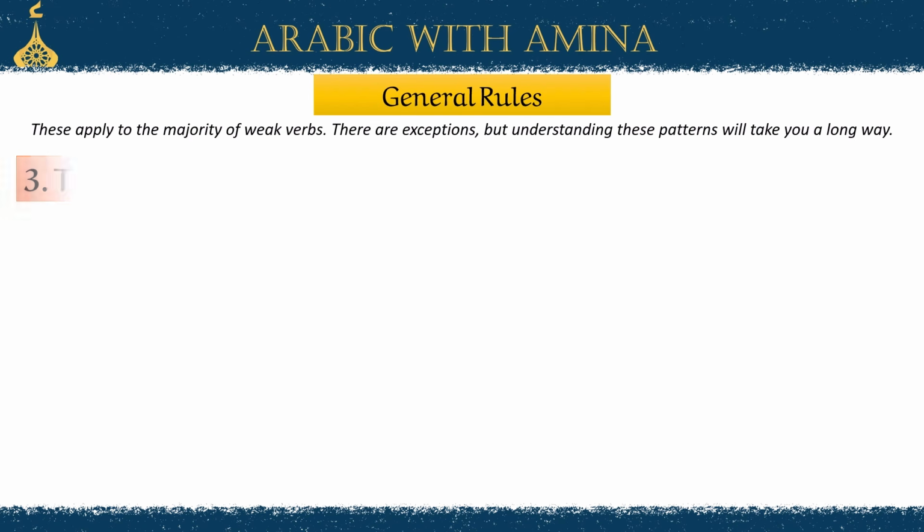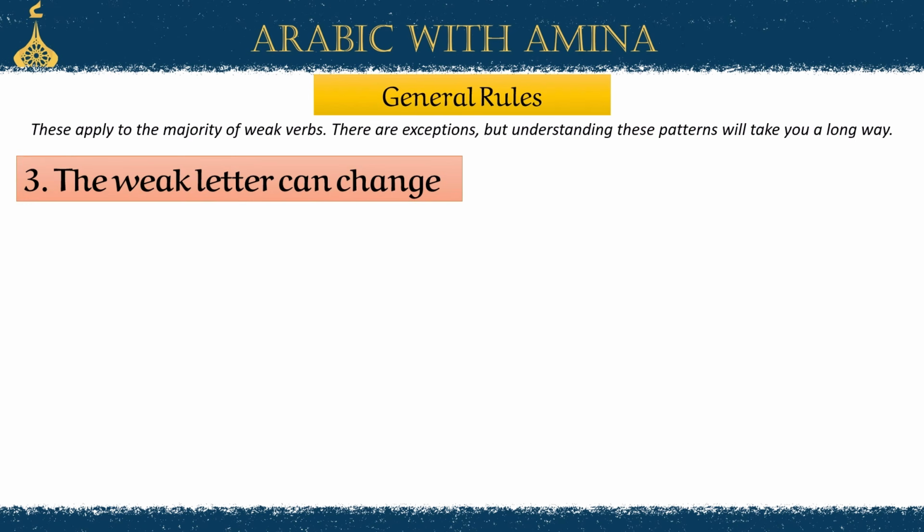Our third rule is that the weak letter can change. Sometimes it doesn't drop, it transforms. This is most visible in hollow verbs, where the deficient letter or the weak letter is in the middle. And more commonly notable when moving from the past tense to the present tense. So we have the verb قال, which is the root form, but also the past tense form.